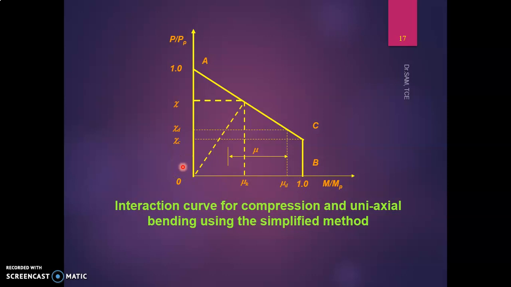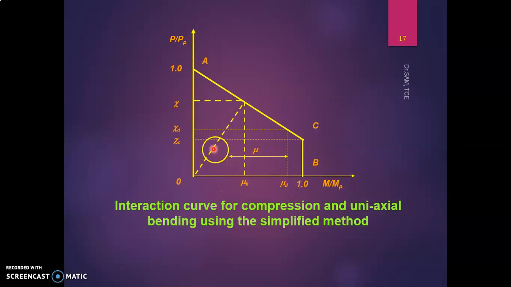Under ideal condition only, the column under compression will follow this line. Basically, the column member has some imperfection, say in the form of initial bow or residual stresses, or due to both effects, so the column capacity is reduced by chi times. Therefore, now the axial compression line comes in this way. So this is the axial compression line, and this is your moment line.